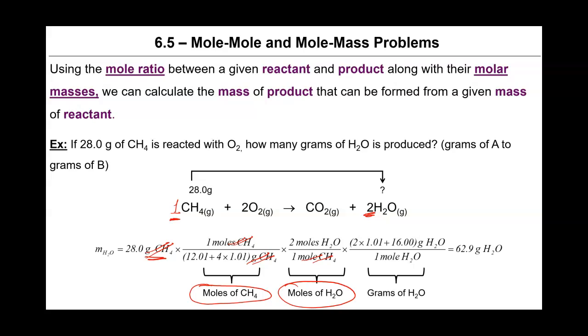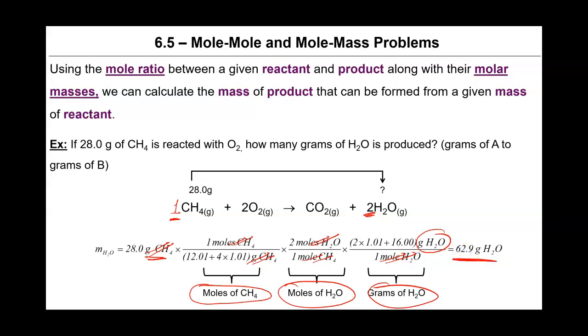Now, in order to turn moles of water into grams of water, which is what I want, I need to multiply by the molar mass of my water. So I know that there are 18.02 grams of water in every 1 mole of water. And so by multiplying by the molar mass of water, you can see that moles of water cancels out, and the only unit left is grams of water. And so there's my answer.